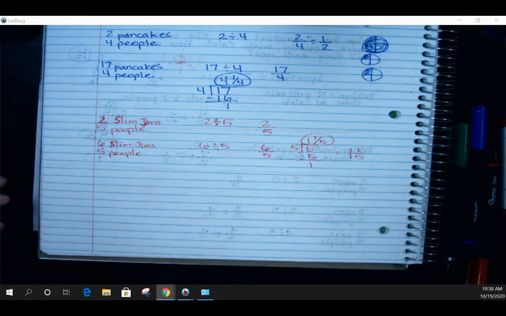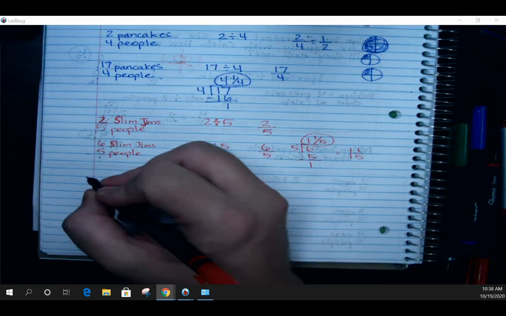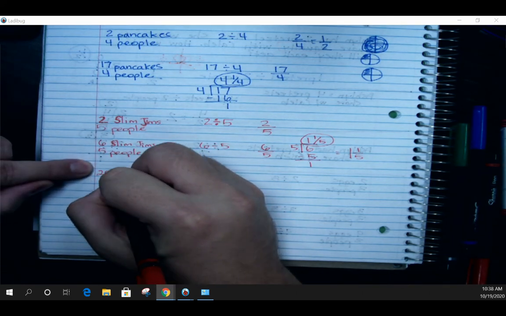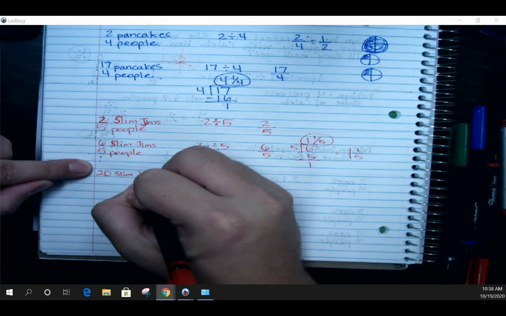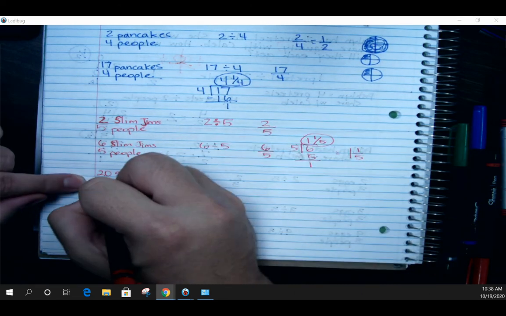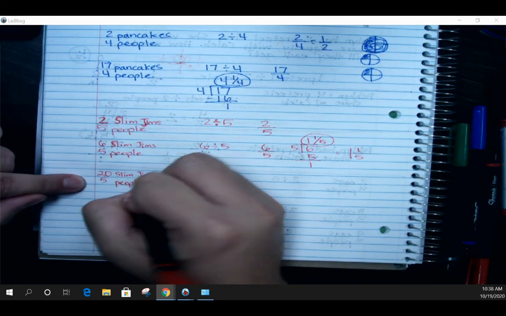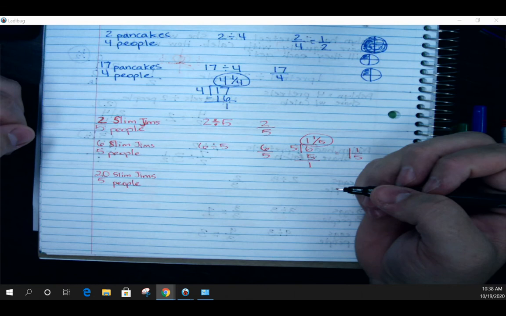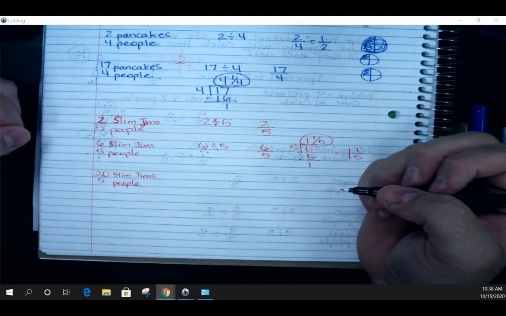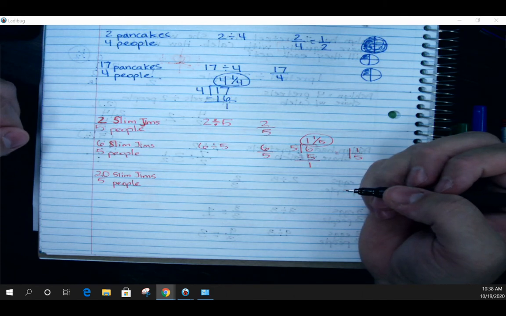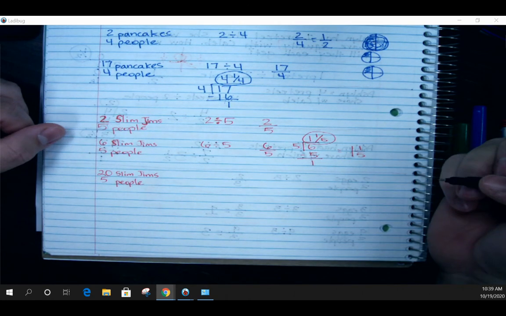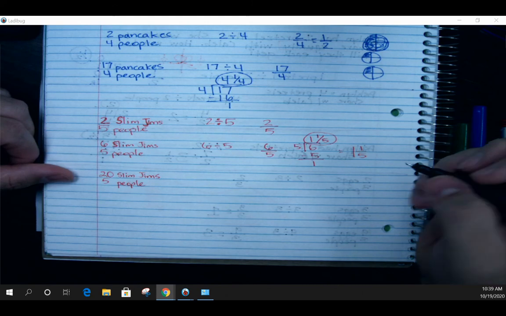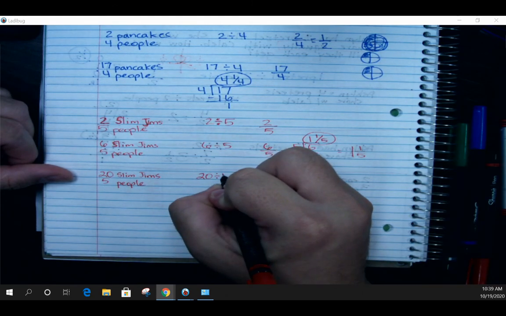Let's do one more, maybe 2. I have 20 Slim Jims. And I have 5 people. What's my division problem? Eli? What's my division problem, Jaden? 20 over 5. 20 divided by 5.